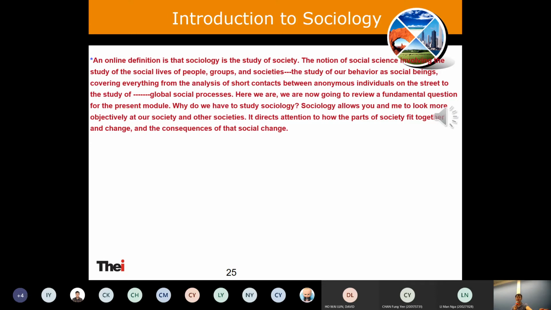What is the rationale behind the differences? So we want to talk about sociology because we believe sociology directs attention to how the parts of society fit together and change, and the consequences of that social change, which means that we want to take a look at the changes and the development of a society so that we can make further analysis of the changes.